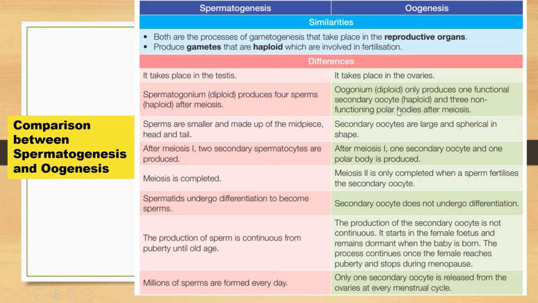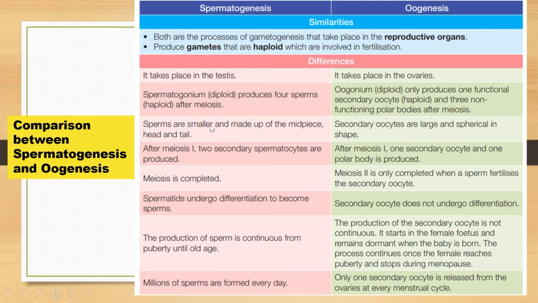In my previous video, we already discussed the three polar bodies that are produced after meiosis is complete in oogenesis. These are non-functioning cells called polar bodies. They will slowly degenerate and be removed during menstruation.